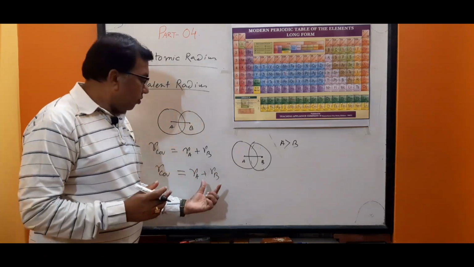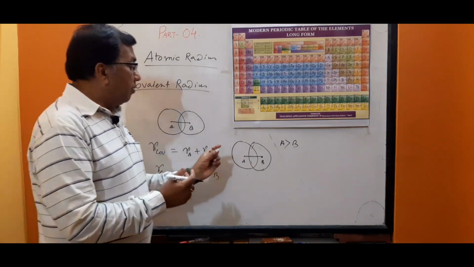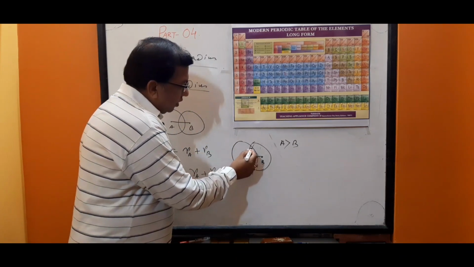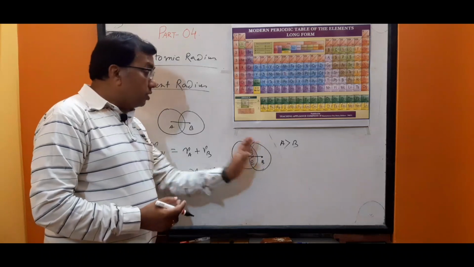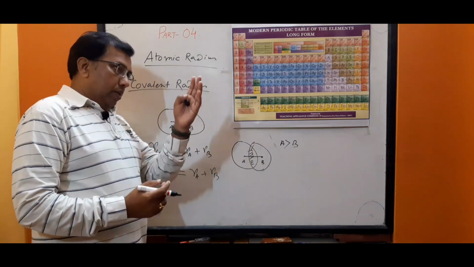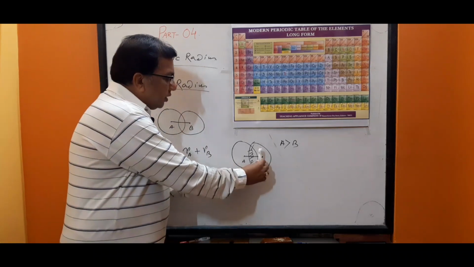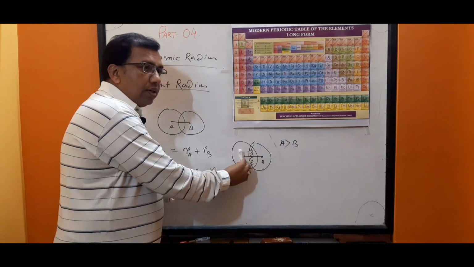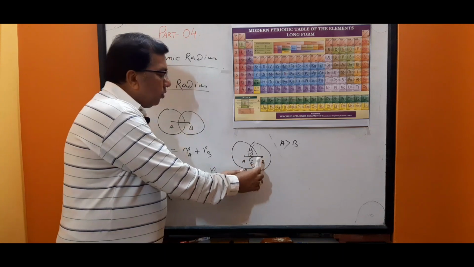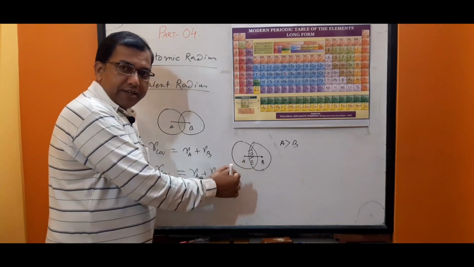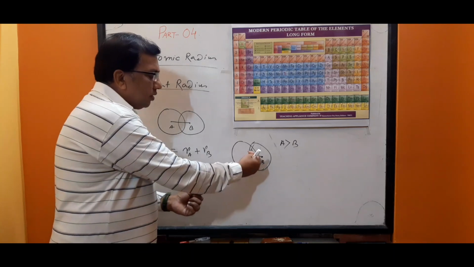Then you have to see here the shared pair bond, this covalent bond, whichever is more electronegative, as you have learnt in polarity and non-polarity. Okay, that means it is toward A or toward B. The more electronegative element will pull it toward itself. Okay, that is, it is toward A.